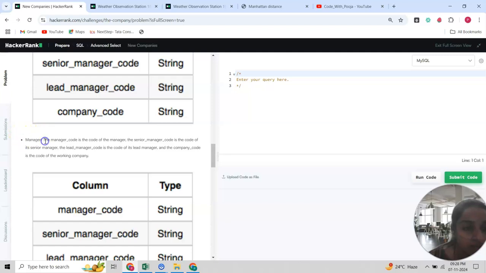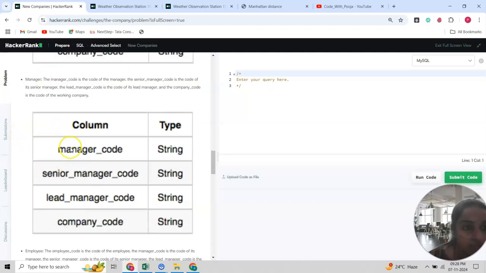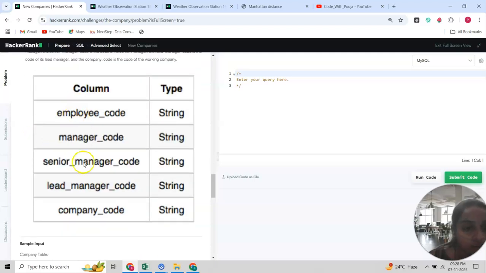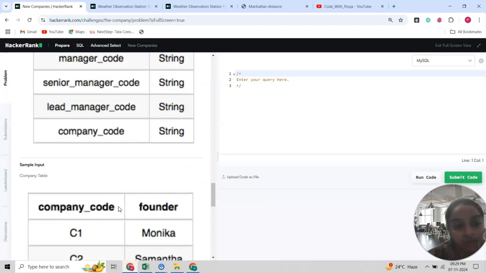The Manager table has four columns: manager code, senior manager code, lead manager code, and company code, which tells which company it belongs to. Then the Employee table has five columns: employee code, the manager code, the senior manager code, the lead manager code, and the company code, which company it refers to.